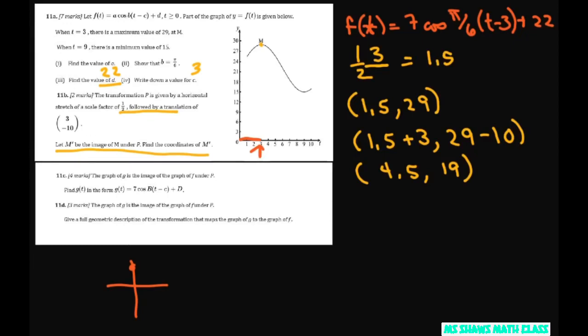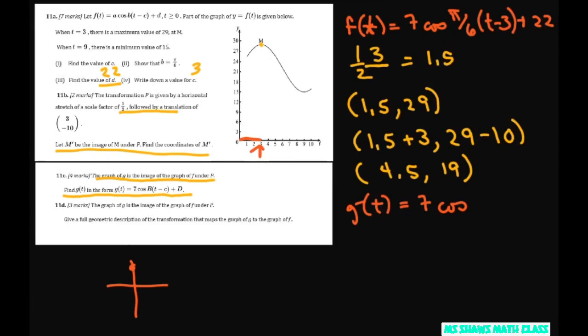All right. Now it says the graph of G is the image of F under P. So we have to write out our equation. So basically for your equation, just put g of t equals 7 cosine of, now when you do your transformation, it's going to look like this.